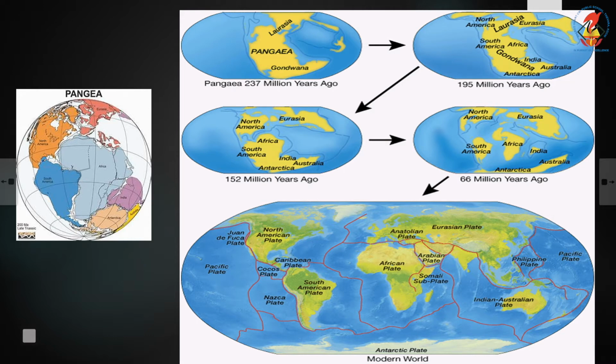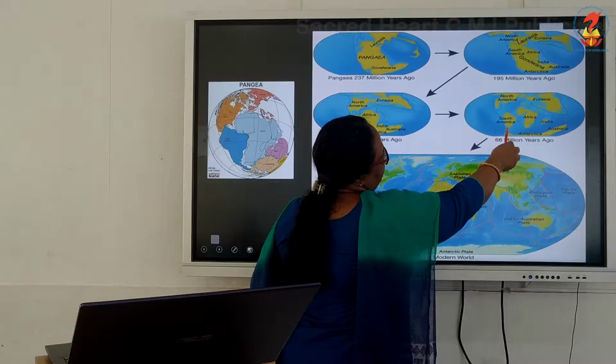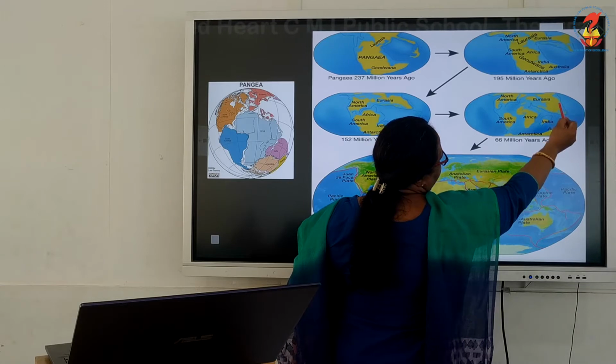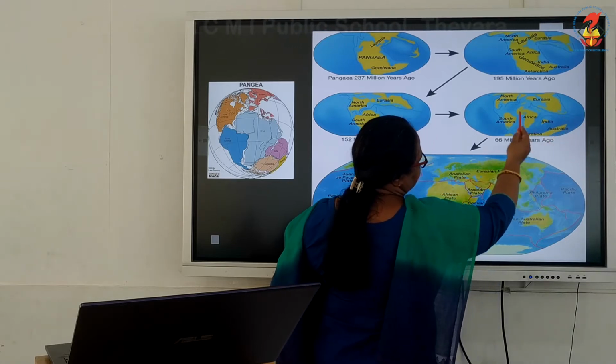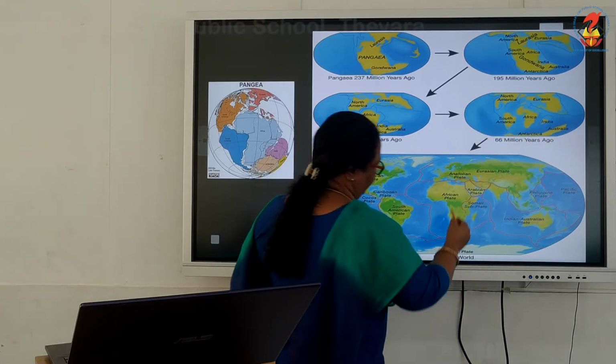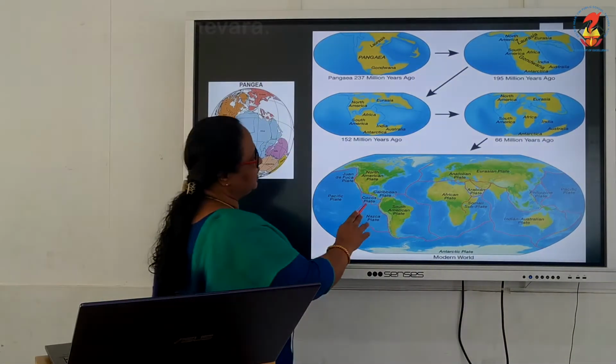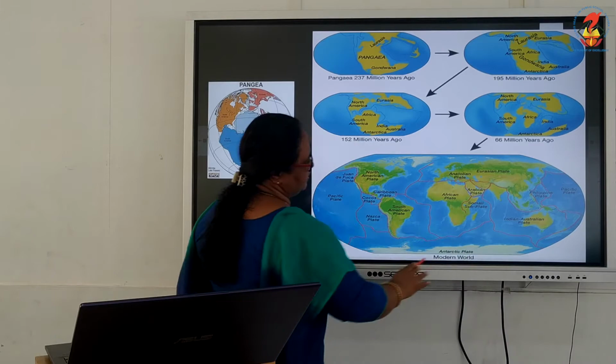Then 66 million years ago, a lot of changes. North America has drifted towards the left side, then South America has come down, then Europe, Asia, Africa, and a lot of changes. Then the present modern world is the present situation of the world.